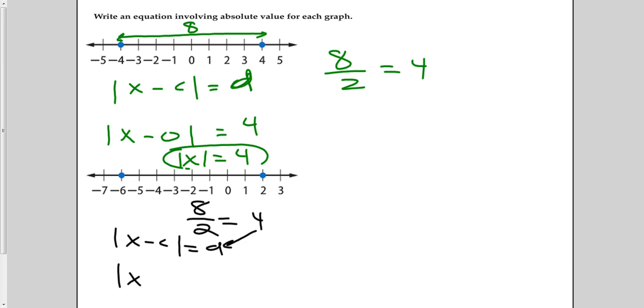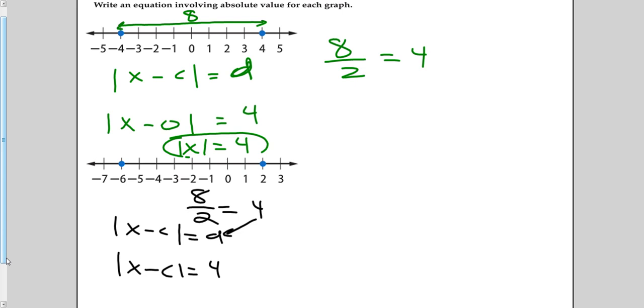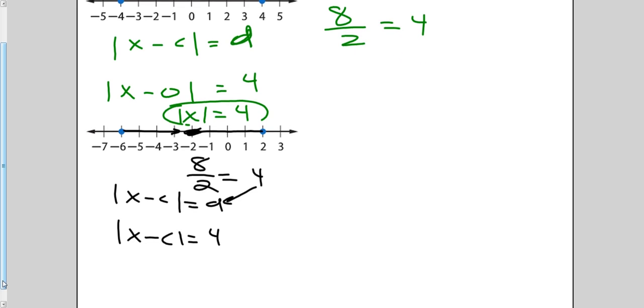So I get the absolute value of some central value is equal to 4. And then when I look at this, if I go 4 away from 2, that gets me at -2, and 4 away from -6 gets me at -2. So my central value is -2. So I end up with the absolute value of x minus -2 is equal to 4.